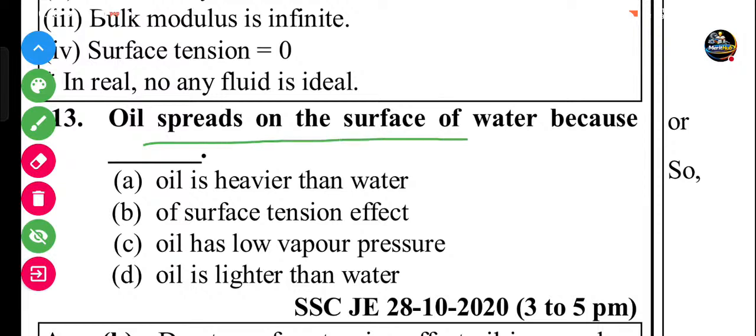Oil spreads on the surface of water because of: oil is heavier than the water, the surface tension effect, oil has low vapor pressure, oil is lighter than the water. B is the answer, surface tension effect.